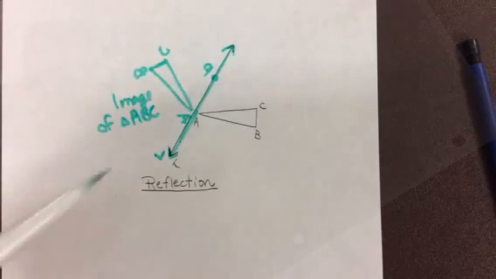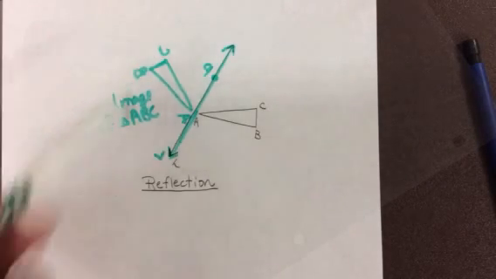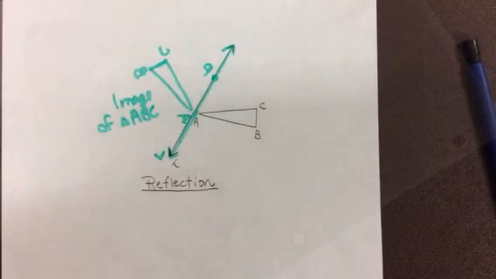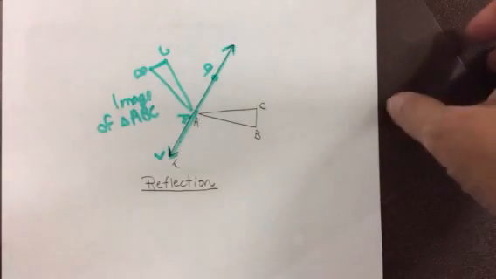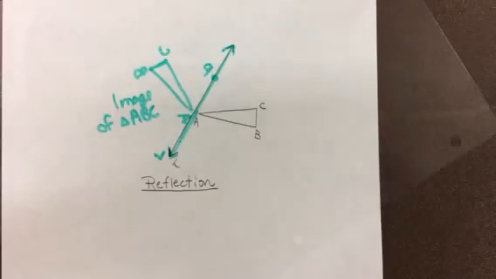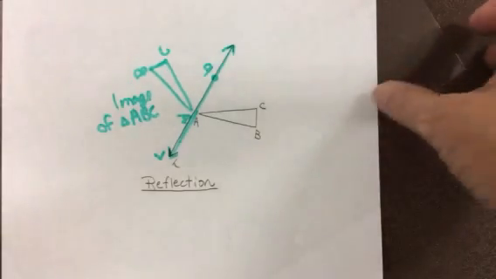And you know, this would be point A prime, point B prime, C prime. And the reflected image is the same size and shape, so this type of transformation preserves distances and angles just like a slide does. Okay, so that's just to kind of recap what we've looked at so far.